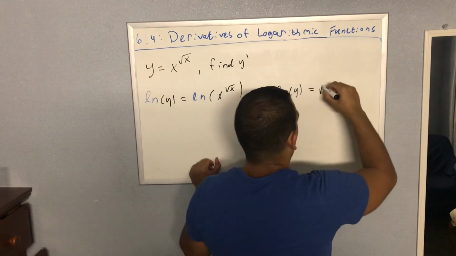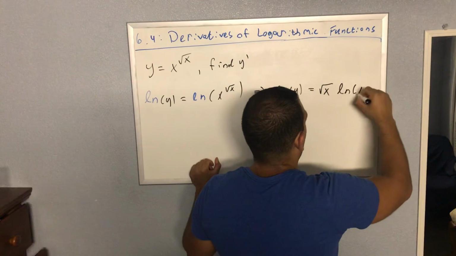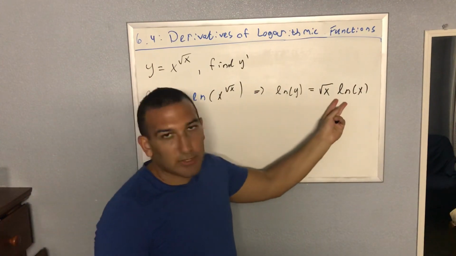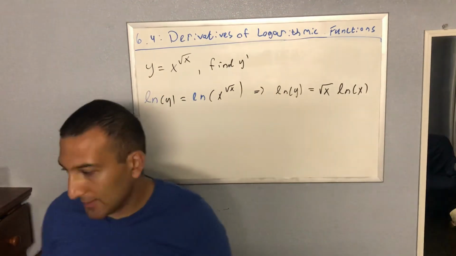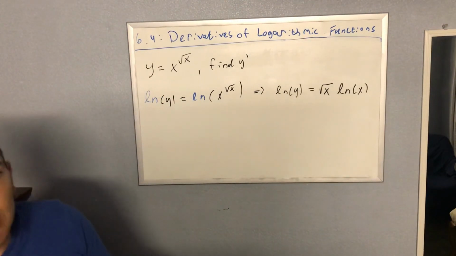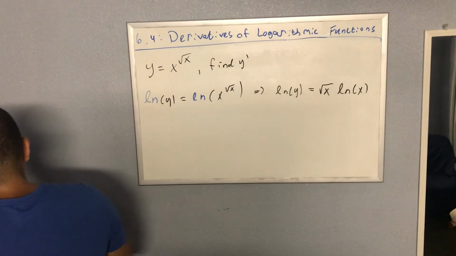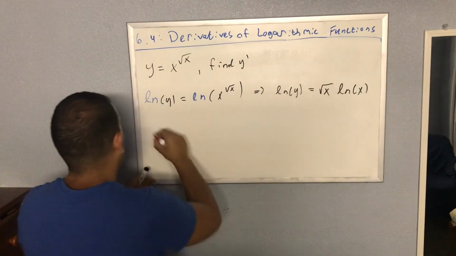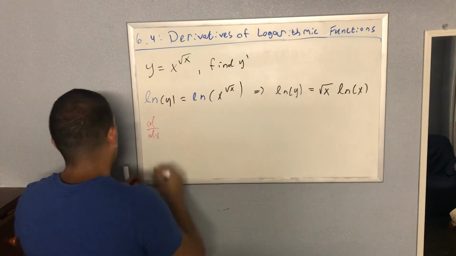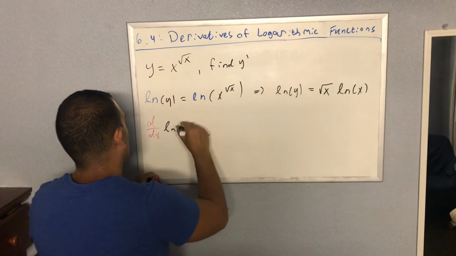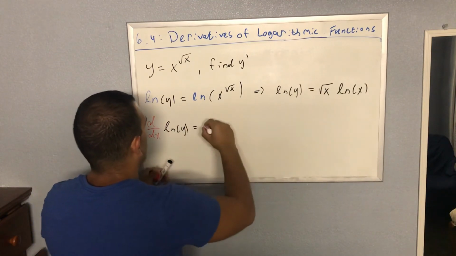So this is root x times the ln of x. And now to take this derivative, you just need the product rule. Very nice. So again, the second step is now to take the derivative of both sides.